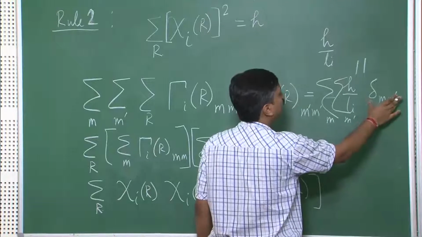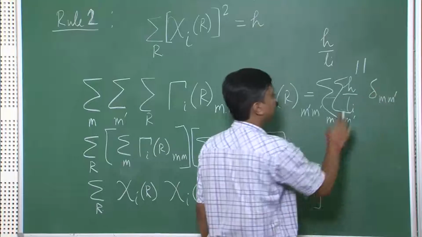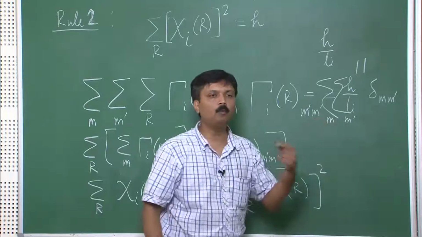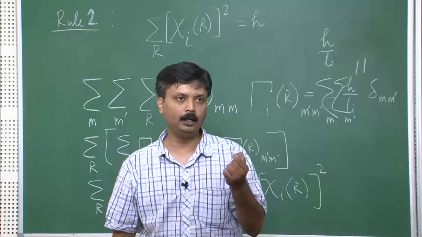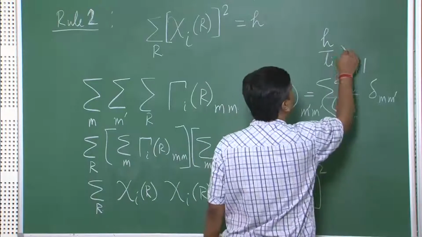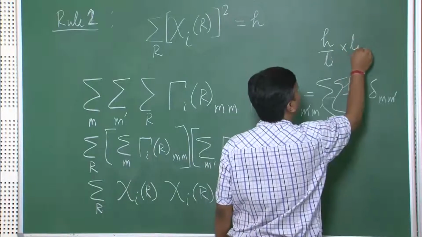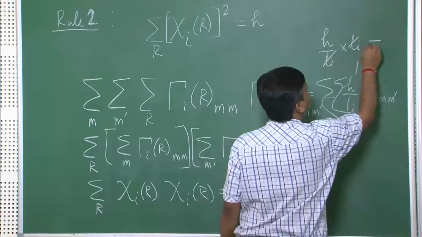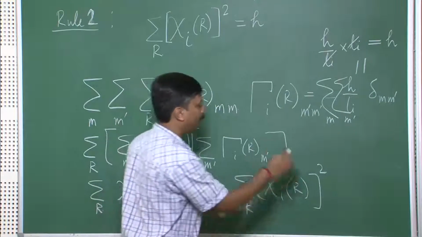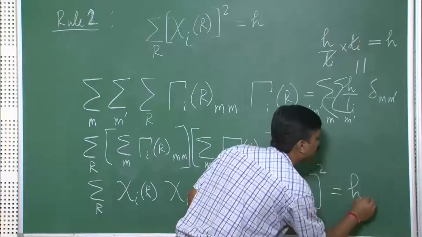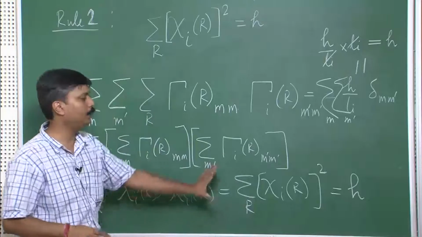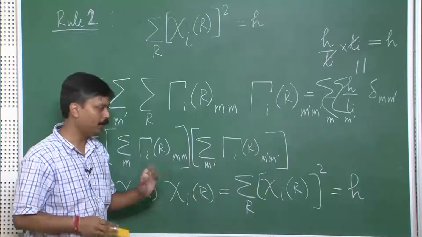That is going to ultimately give me Li, because this m runs from 1 to Li, since Li is the dimension. So ultimately I will get Li, and this is going to give me h. Thereby this part is equal to h, and that's what this rule says. So this is the way you can prove it, fine.